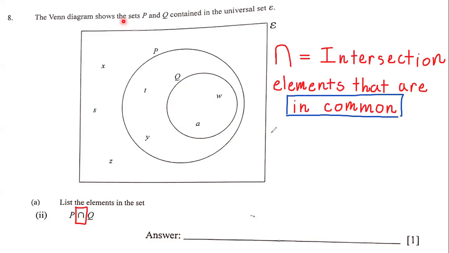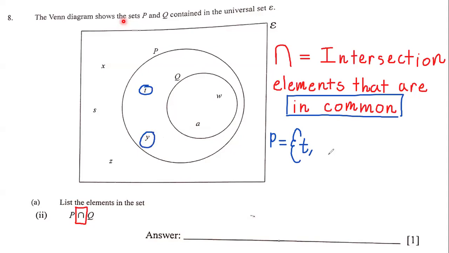P, what are the elements of P? Let's go ahead and list the elements of P. The elements of P are going to be what? Obviously T, right? So T, what else?